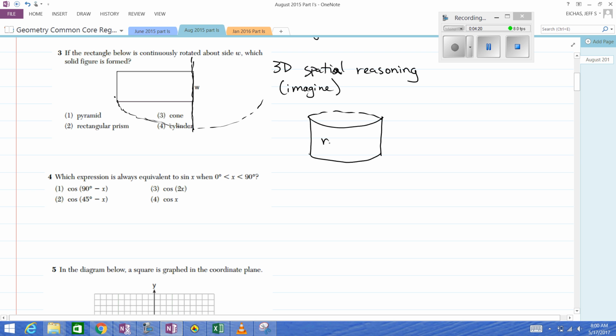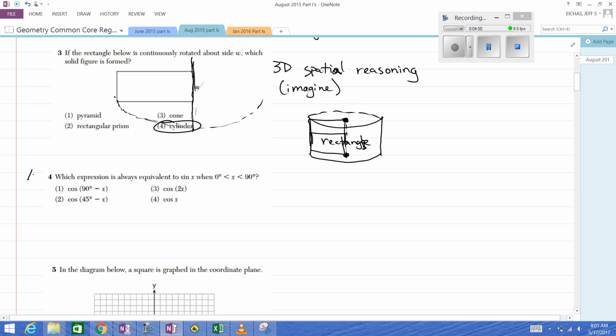So this is the rectangle part that got rotated, and right here, that's line W, from here to here. And so what we have is a cylinder where that rectangle shape is spinning around. So cylinder is the term we're looking for.